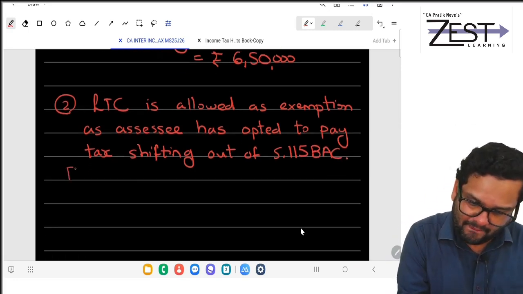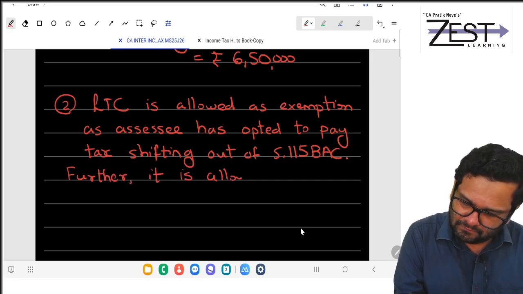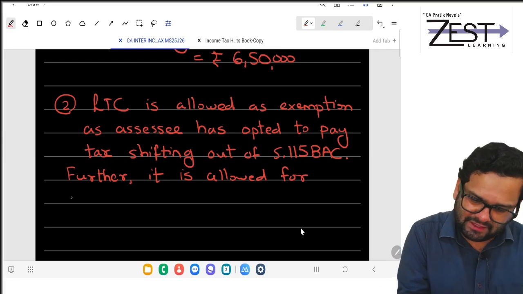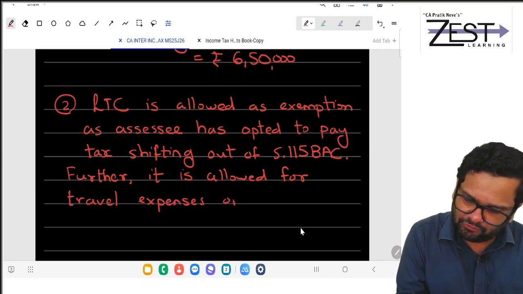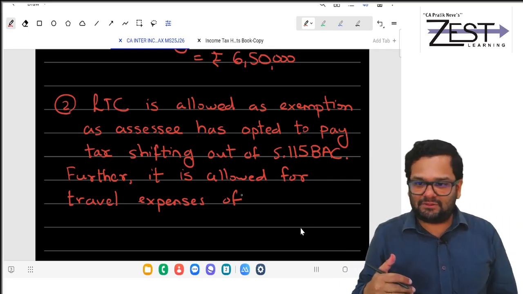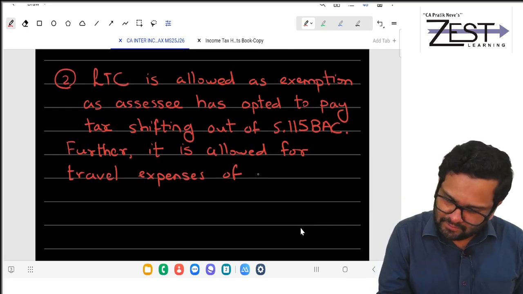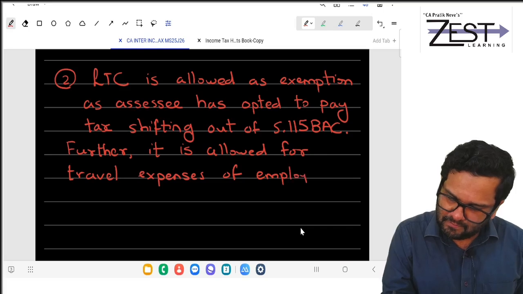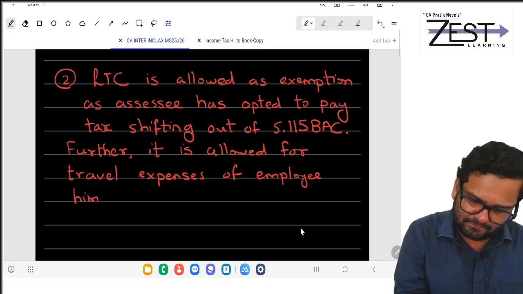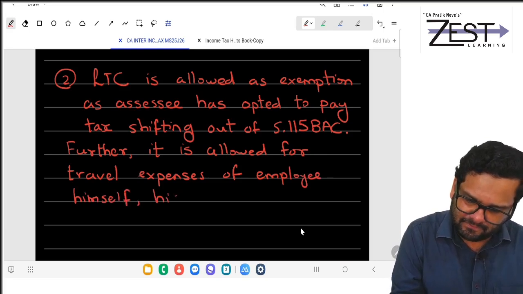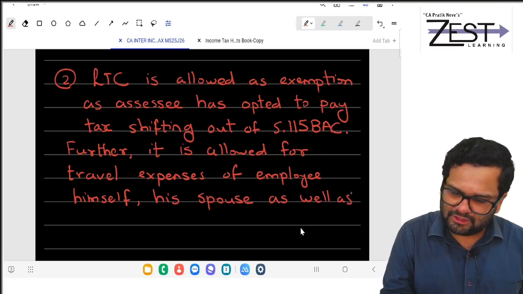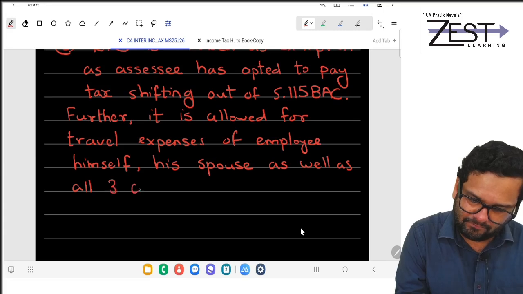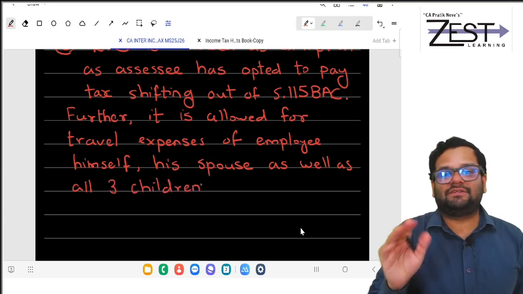Further, it is allowed for travel expenses of employee himself, his spouse, as well as all three children.